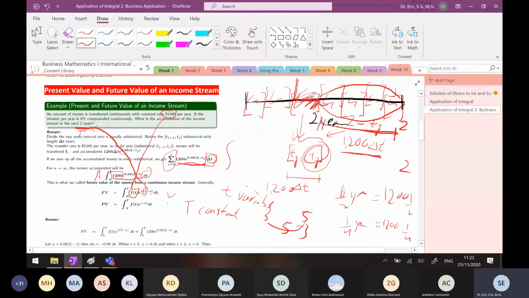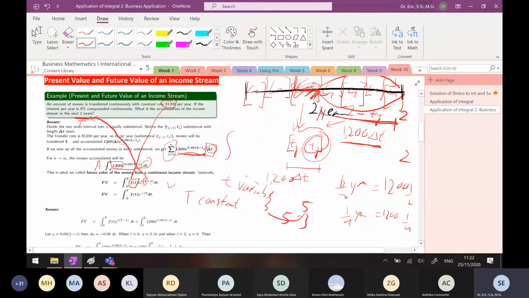So if you have the future value, you have capital T. If it is the present value, you don't have capital T. You can just memorize that.